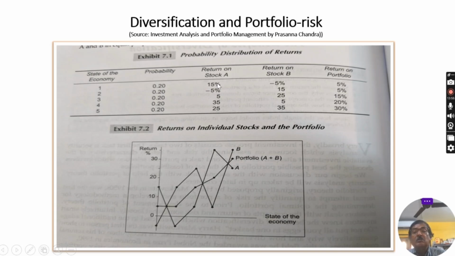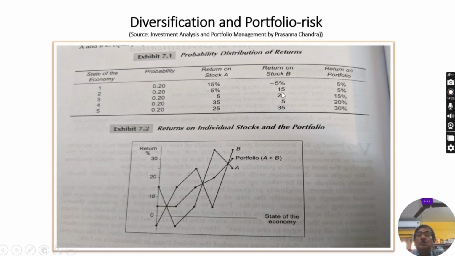It is forecasted value, but taking all the data, it has been calculated. If the state of the economy is 2, then the return will be negative. And in this way, all the returns, if the state of the economy is 5th, that is the best, say not best, best is 35%, it will be 25%. This return is given. In the case of stock B, these are the returns for each state of the economy.